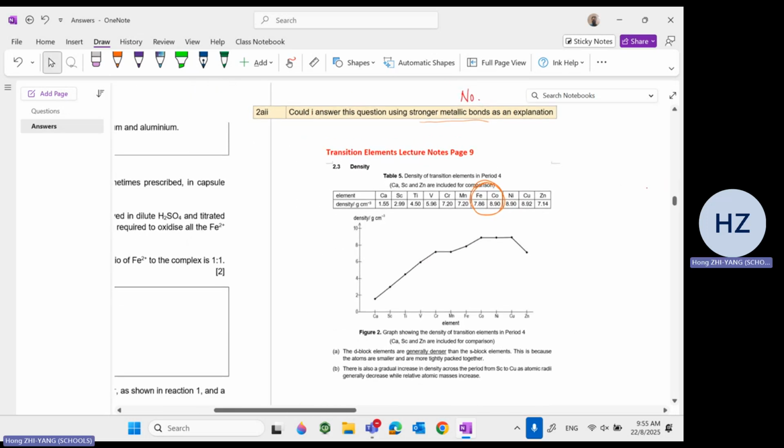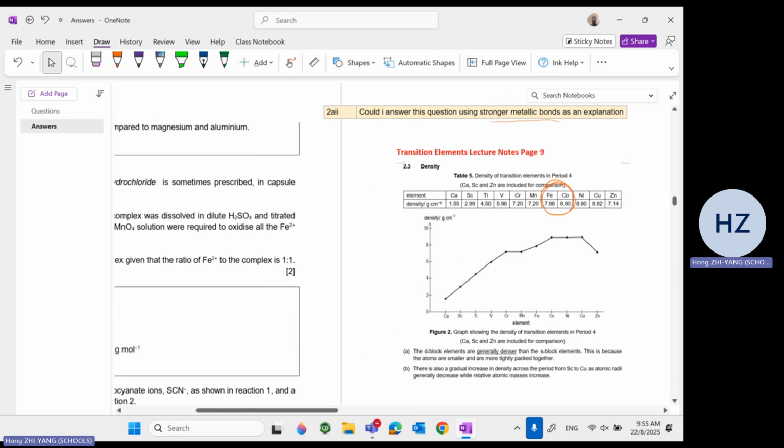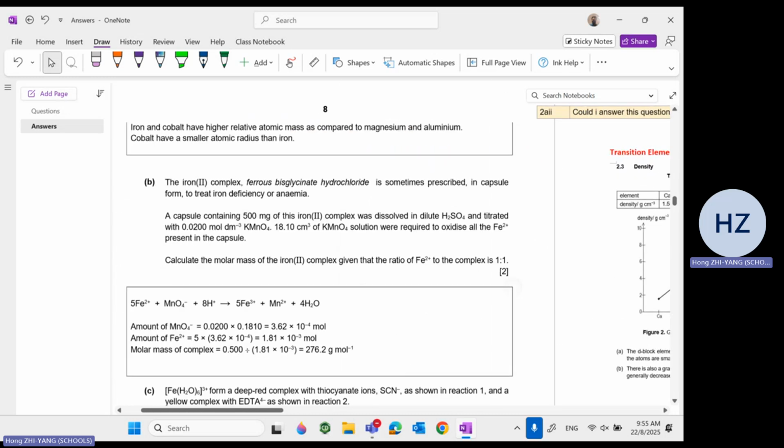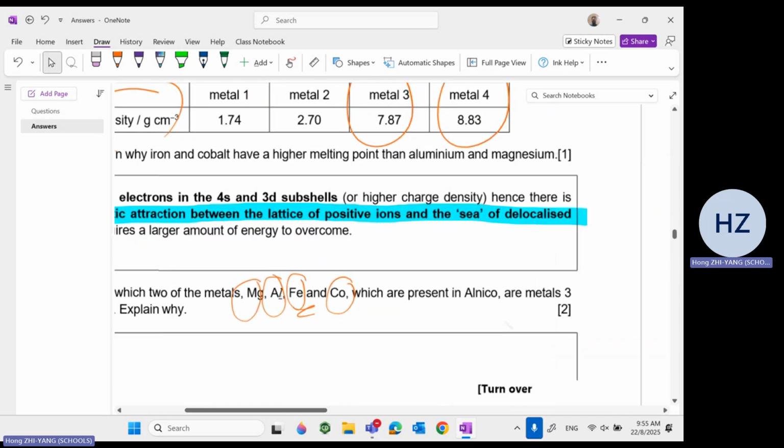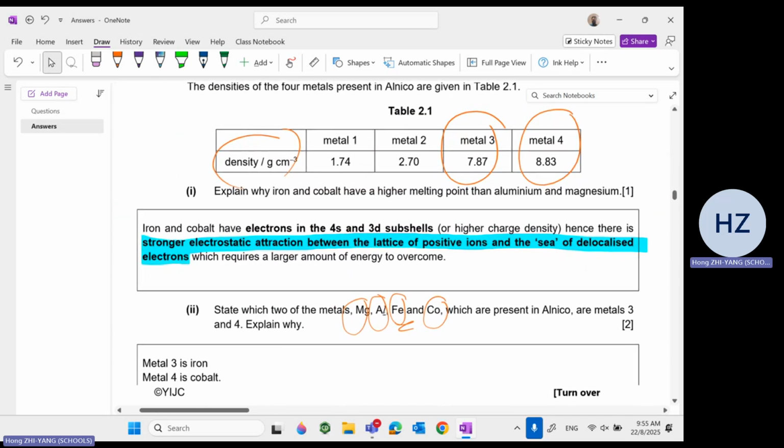So if you are here, I don't think I've addressed your question. Where should the question be actually? Metallic bonds. Is it part 1? Because part 1 is metallic bond. I think you're asking for part 1. Yeah, most likely. I remember. That's why I underlined or highlighted this.